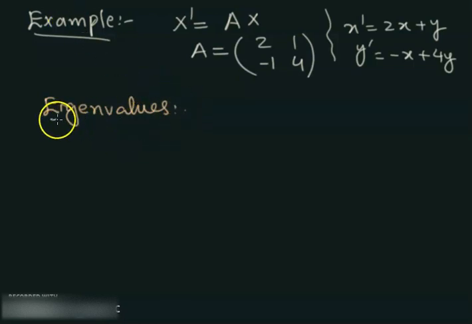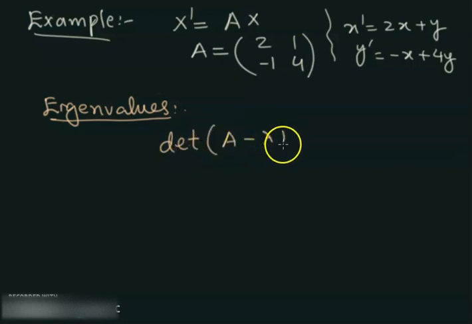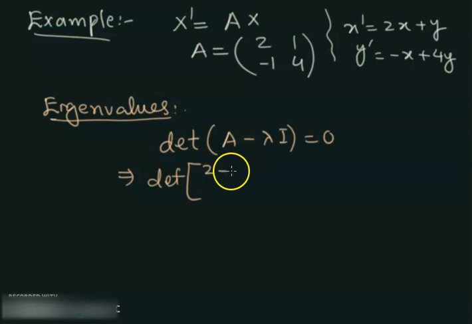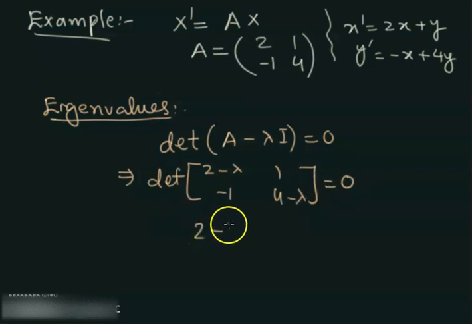For finding the eigenvalues, all we need to do is calculate the determinant of A minus lambda I equal to 0. We need all those lambdas which satisfy this equation. So this is the determinant of [2 minus lambda, 1; minus 1, 4 minus lambda] set to 0. So (2 minus lambda) times (4 minus lambda) plus 1 equals 0.